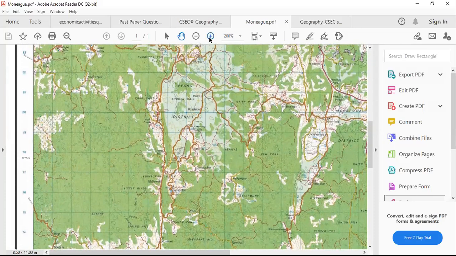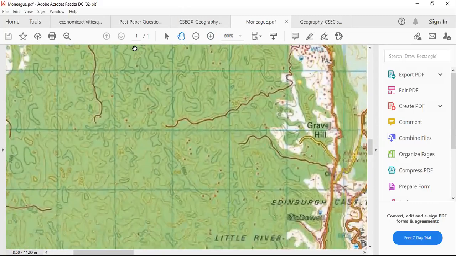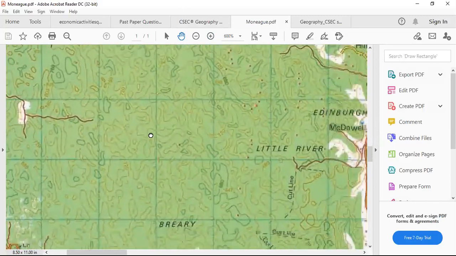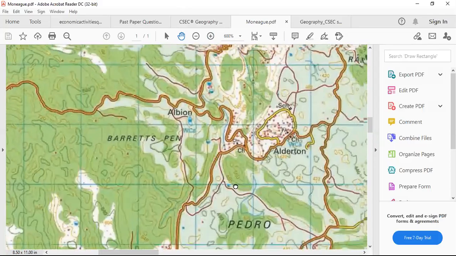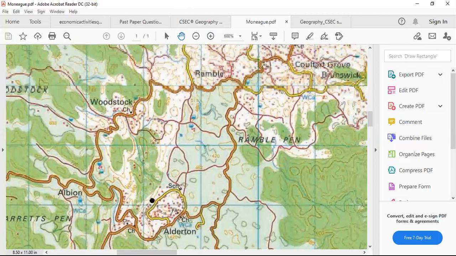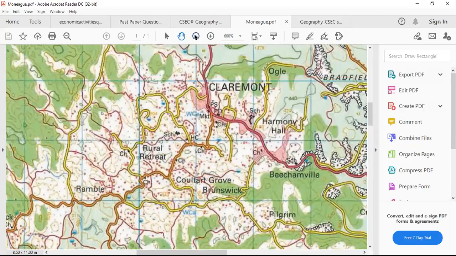You're seeing that? Look at it here. Look at this. You see how they're just sparse, right? Whereas along the roads, you have a more even distribution located along the roads.